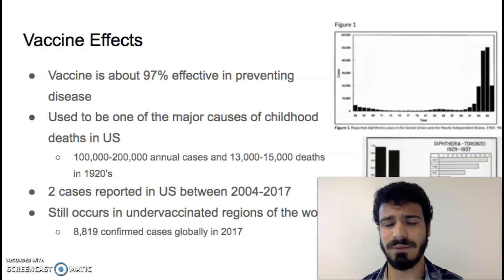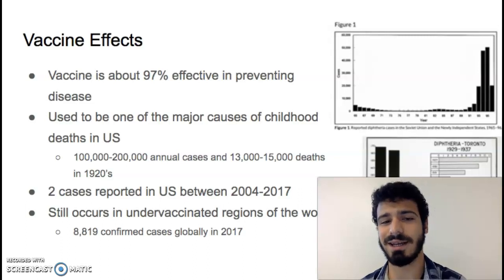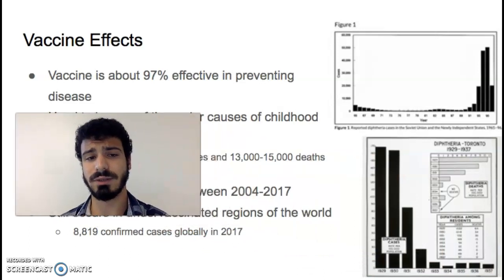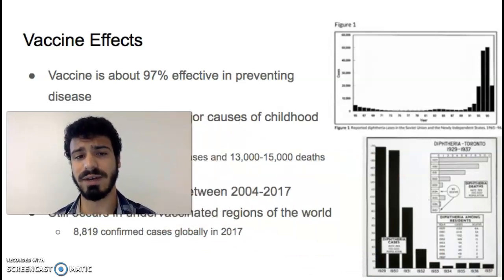So it was a very serious disease. Contrast that to today, after vaccines: 2 cases were reported in the U.S. between 2004 and 2017. And it still occurs in under-vaccinated regions of the world. So that's one thing that can be improved, increasing vaccine accessibility.